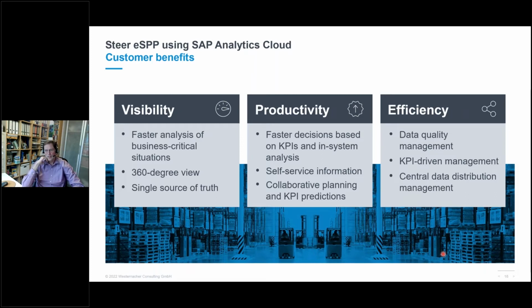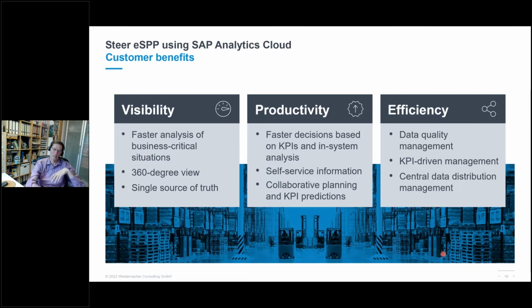And if we talk about the efficiency, you can really easily judge your data quality. An example that I did see was bringing the forecasting data from eSPP into the tool, and on the same screen, the sales department has some predictions as well, and then you can compare them and, for example, search whether there is a great discrepancy.